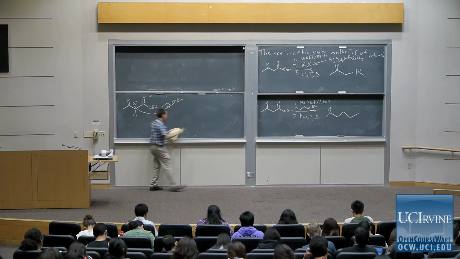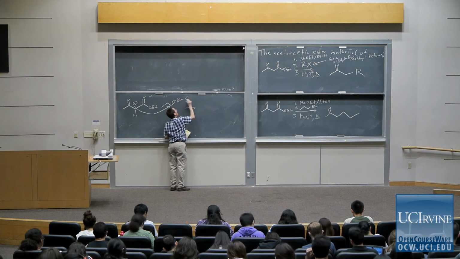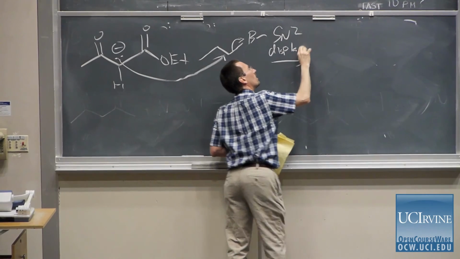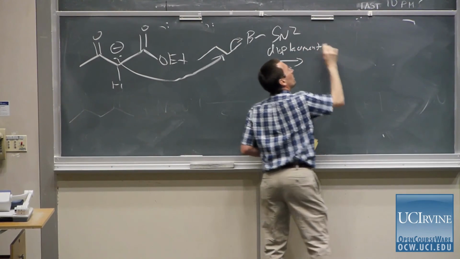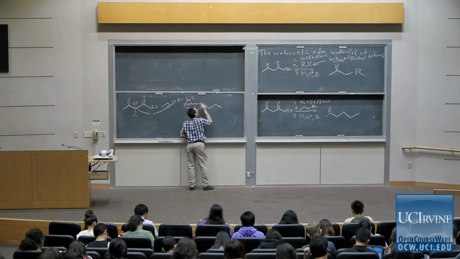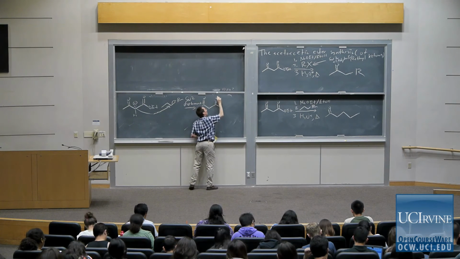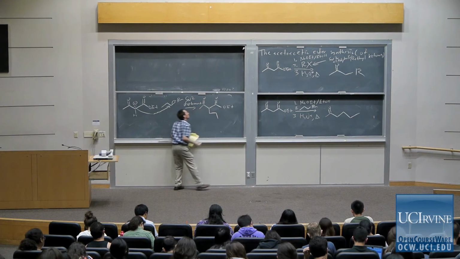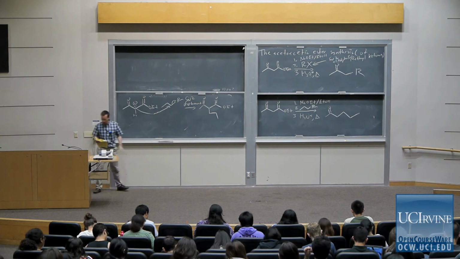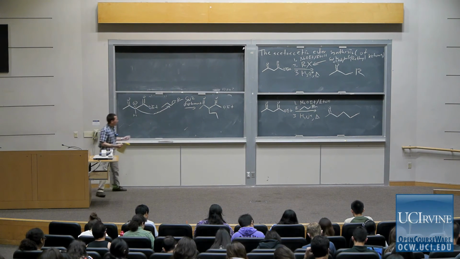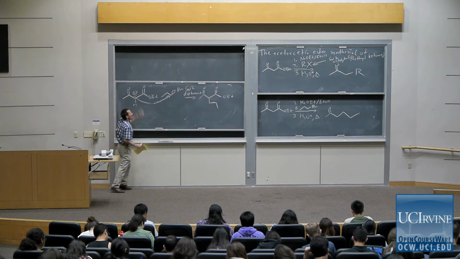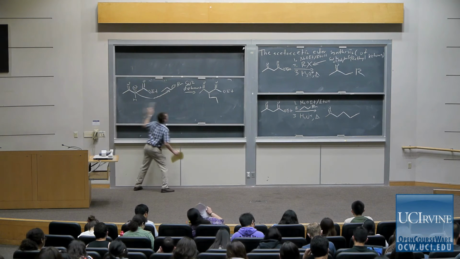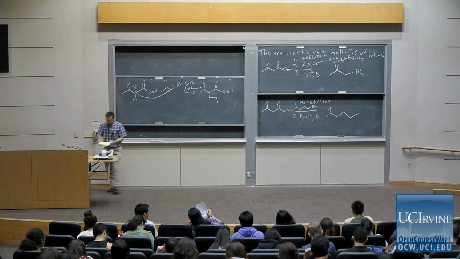We kick electrons onto bromine in an SN2 displacement. So now we've alkylated with a propyl group. No, I'm not going to balance my equation and show the bromide. We're just getting a flavor of the mechanism.